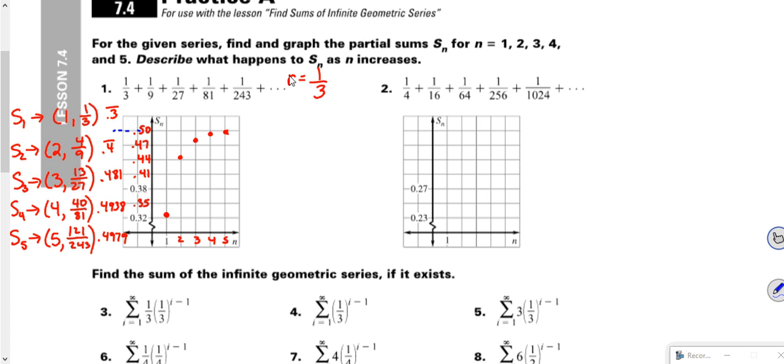It looks like my 0.5 is going to be my asymptote. So it looks like S of n approaches, not 1/5, I was going to say 1/2 or 0.5. S of n approaches 1/2 as n increases.